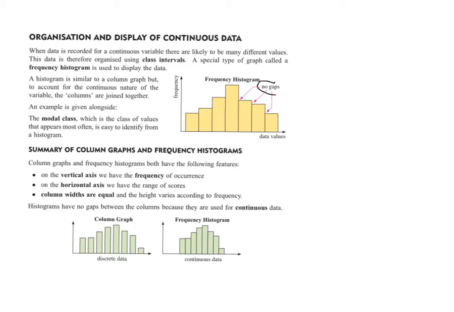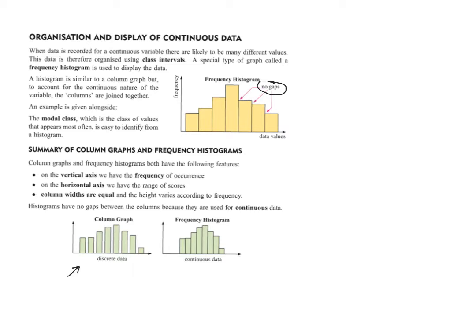So you'll see here it says no gaps. And that's to show the continuous nature of the data. Rather than in a column graph, if you look down to the bottom left hand of the page, in a column graph there are spaces, and that represents discrete data. But when it is all merged together, it would be a continuous data set.